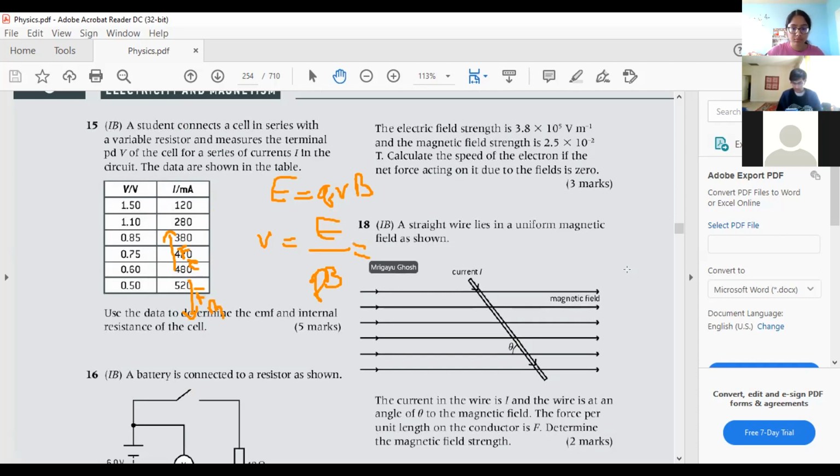So E is 3.8 times 10 to the power 5. And then the magnetic field strength is 2.5 times 10 to the minus 2.